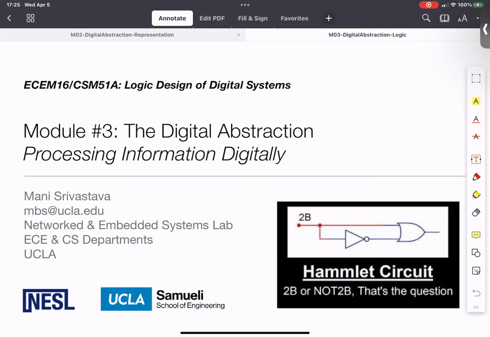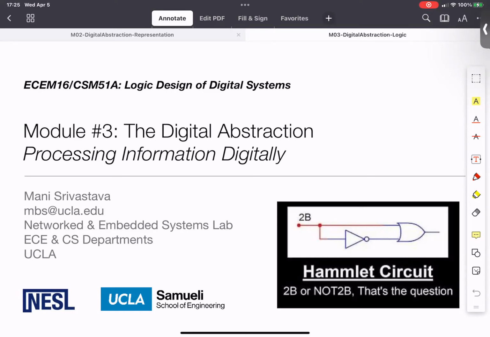Okay, let's resume. So we saw in the material thus far how to represent information. Now we're going to get into really the crux of what this course is about, which is how do we process information? How do we process information digitally, right? Somehow someone has taken care of taking the signals into the digital domain.